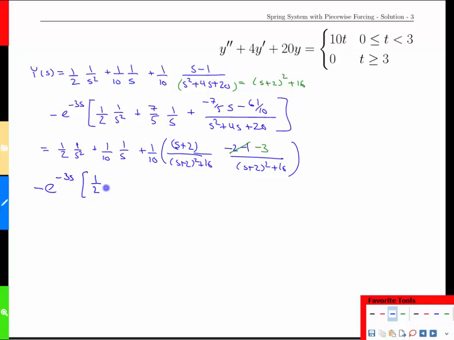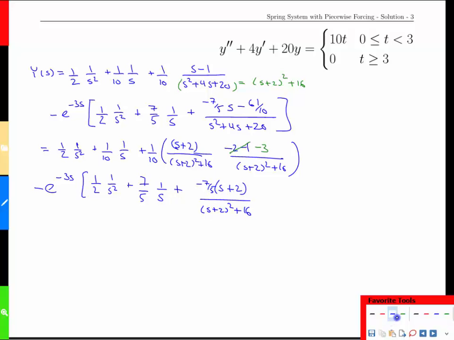We need to do the same thing for that quadratic term inside this exponential multiplier. But it's the same idea. We'll have negative 7/5 s. We need to have plus 2 of that, so let's just do it like that: negative 7/5 (s plus 2) over (s plus 2) squared plus 16.